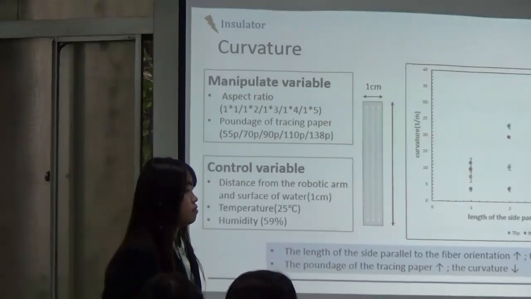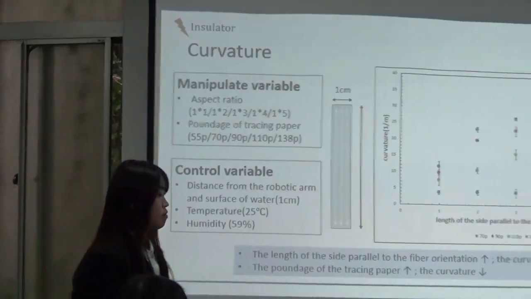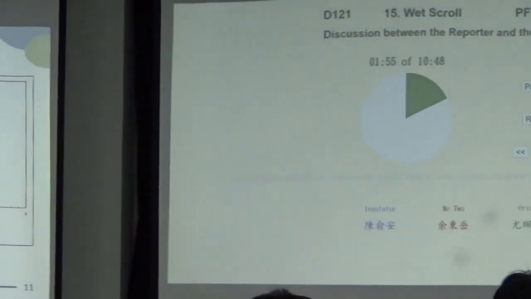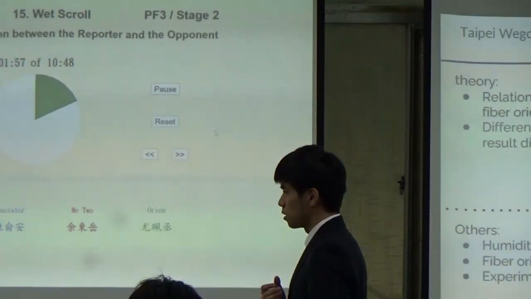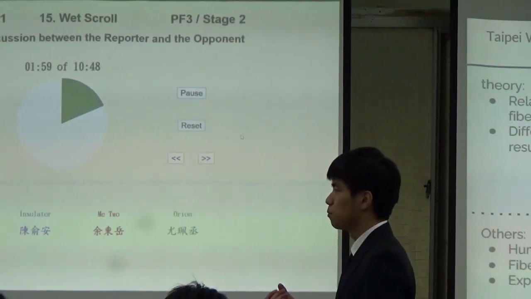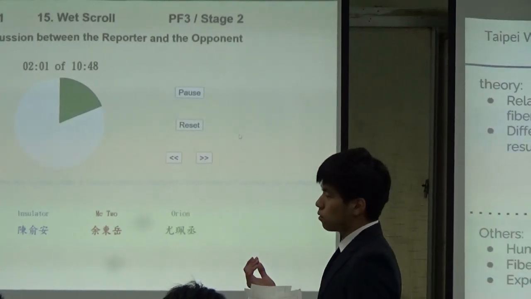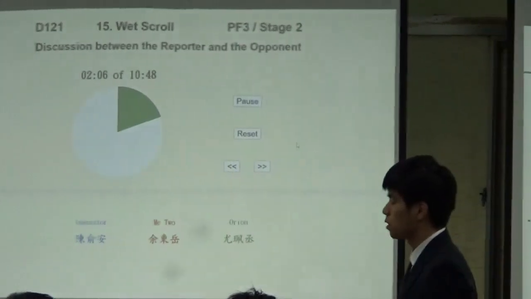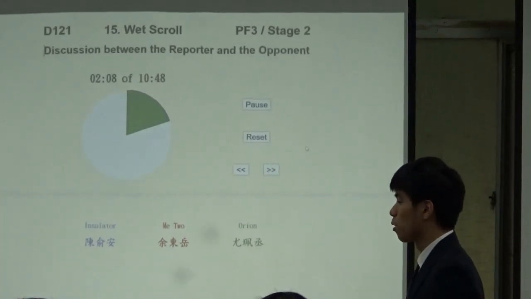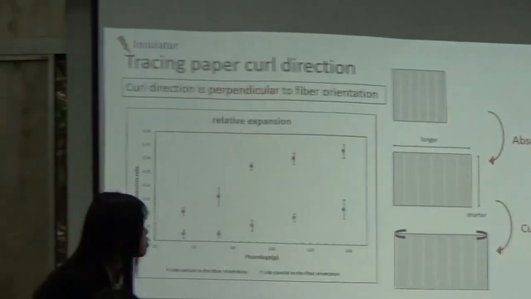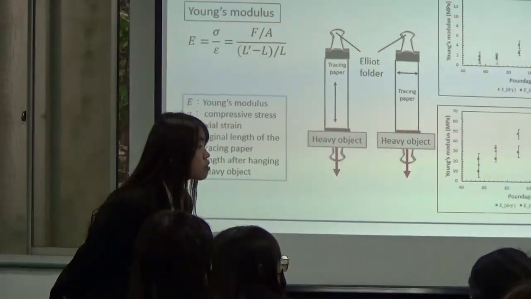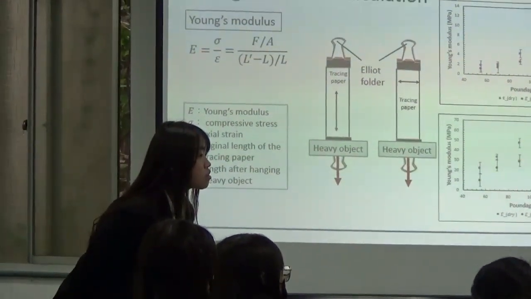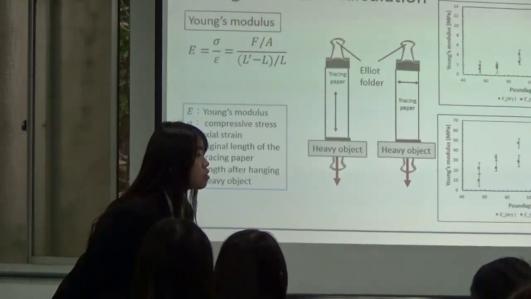One more question: you mentioned that water diffusion will influence the whole phenomenon. And also you mentioned that the direction of the scrolling will be perpendicular to fiber orientation. So what is the relation between diffusion and fiber orientation? Can you elaborate on this?